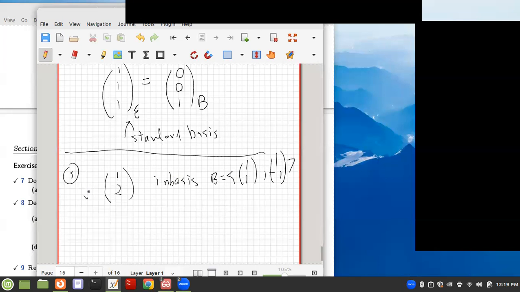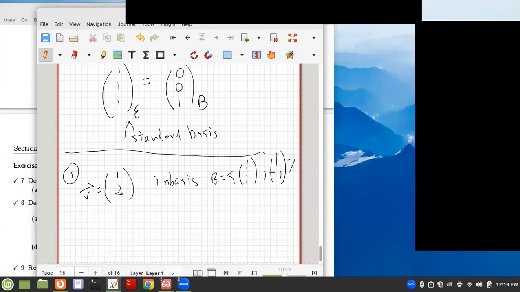So here's a vector V. We want to know what vector V is in basis B. So, do you see how to start?